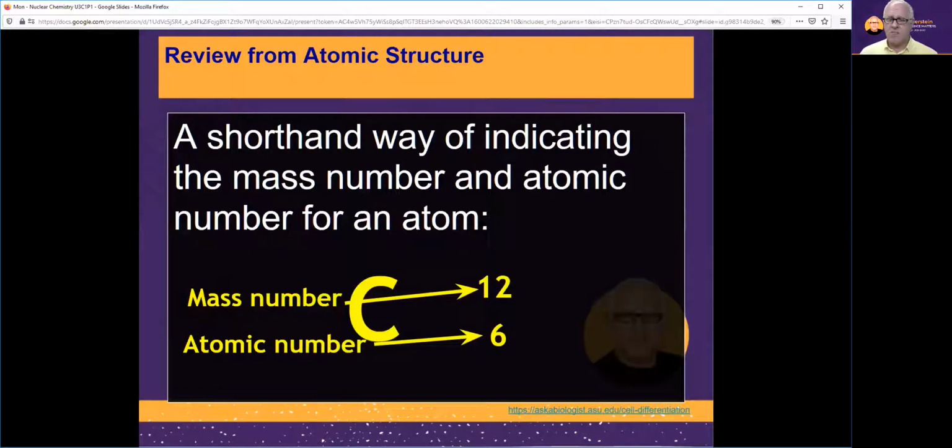A quick reminder, a shorthand way of indicating the mass number and the atomic number for an atom: you have the elemental symbol, the mass number here, which is 12, and the atomic number, which is 6. Remember, the atomic number is not going to change, nor will the protons, nor will the electrons. What will change is the number of neutrons.